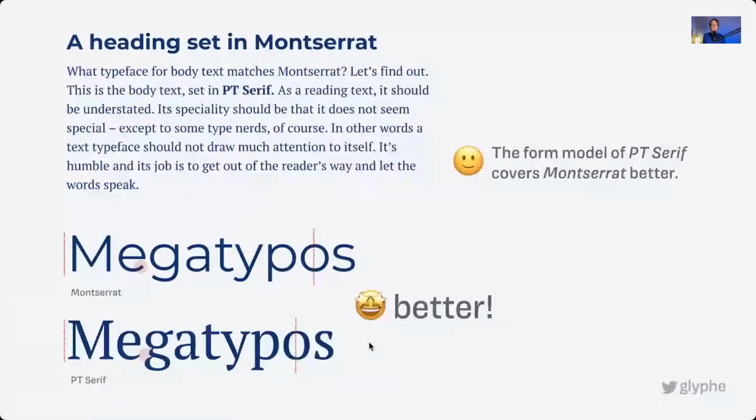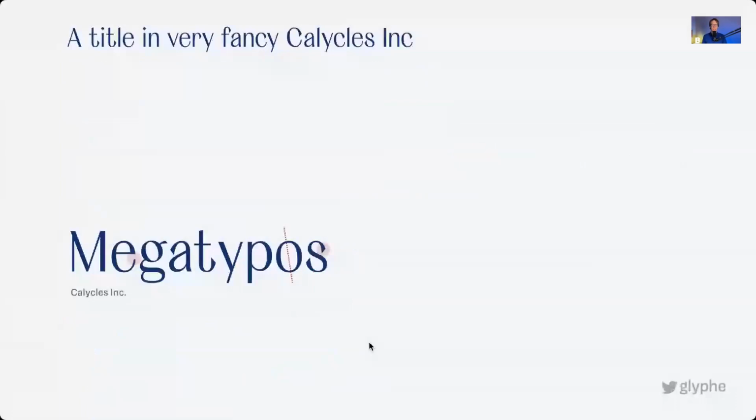And last one here, another combination I got from somebody who was asking me, a very trendy, fancy typeface, Calicles. Yeah, nice name. Very trending. When we describe this typeface now regarding what we have learned, it's not so easy to say in what form model it fits, since we have a slight angle there.